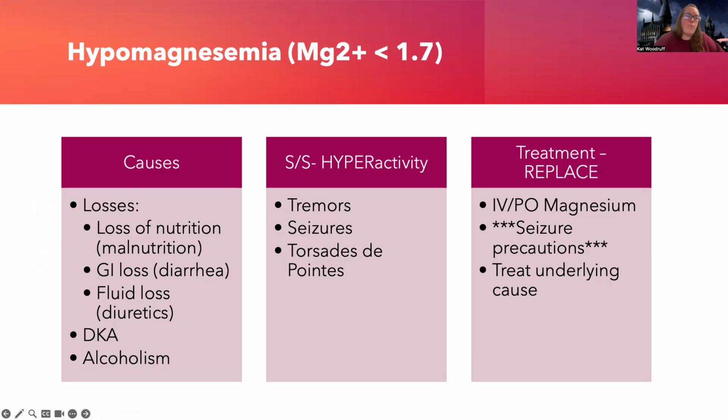So everything with hypomagnesium, oddly enough, is hyperactivity. Think like hyper things like tremors, seizure. And the one you might want to know, because especially if your teachers are tricky, like I would love this question, not because I didn't love to be tricky as a professor, but I loved cardiac. So I'd like to sometimes incorporate some cardiac into wherever I could. There's a special rhythm.